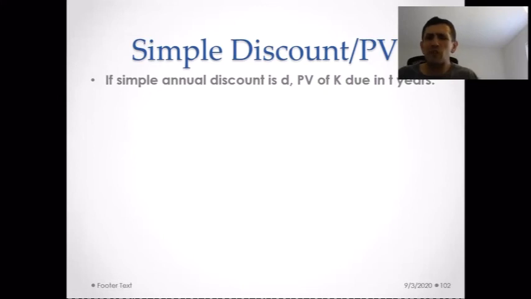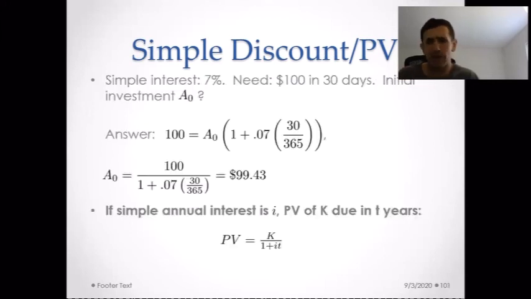So I don't think there's really a good conceptual description of simple discount. It's just kind of analogous to interest. When interest is compounded, we kind of want a present value formula described by K times (1 minus dt) instead of K over 1 plus it. Why we really want that, I don't know if I can even give a good answer for that, but people do want present value described in that way.